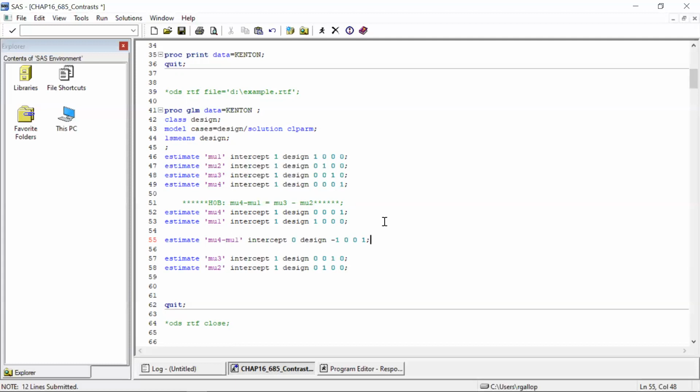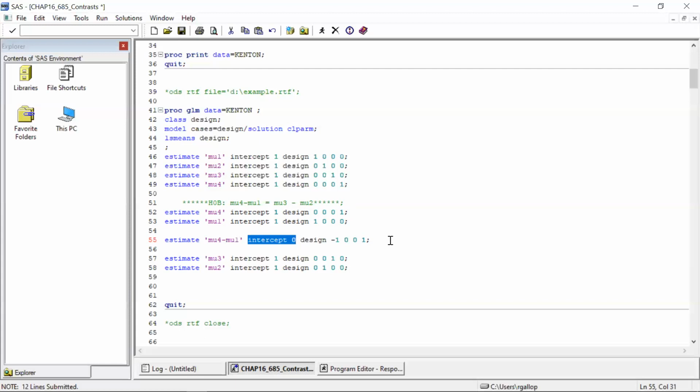That gives me the on average estimated difference between design 4 and design 1. Now, line 55 is a contrast statement. And it's a contrast statement because of the following, right? Anytime you have a term completely followed by all zeros, and now in this case, the intercept only has one value by it. Whenever you have a term followed completely by zeros, it doesn't need to be there. If you leave it there, it's fine.